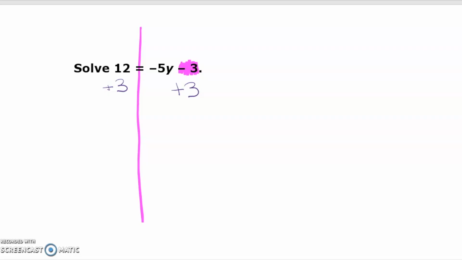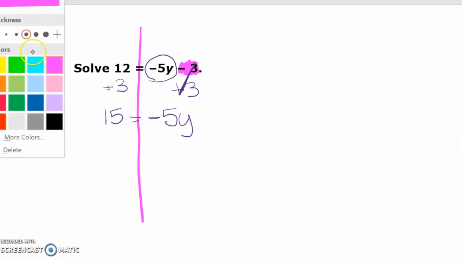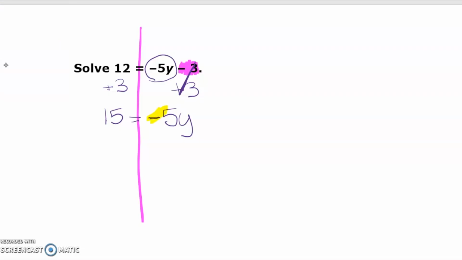So 12 plus 3 is 15. A negative 3 and a positive 3, those cancel each other out, but we still have this negative 5y. So we need to bring that down. Okay, now we see that we have negative 5 times y. So the opposite of multiplication is division.